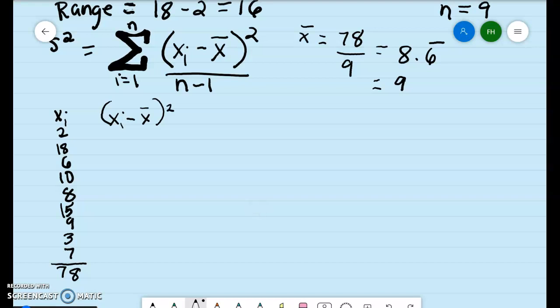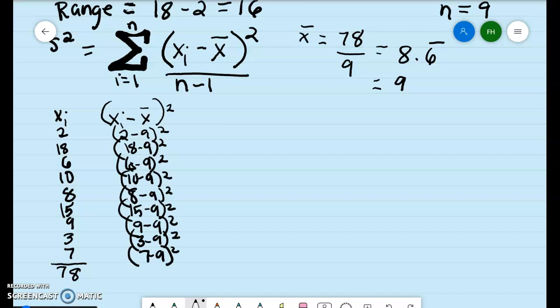So we're going to do 2 minus 9 squared, 18 minus 9 squared, 6 minus 9 squared. Okay, so I went down and I filled each one out, and then all you're going to do is square it and put that in the next column.